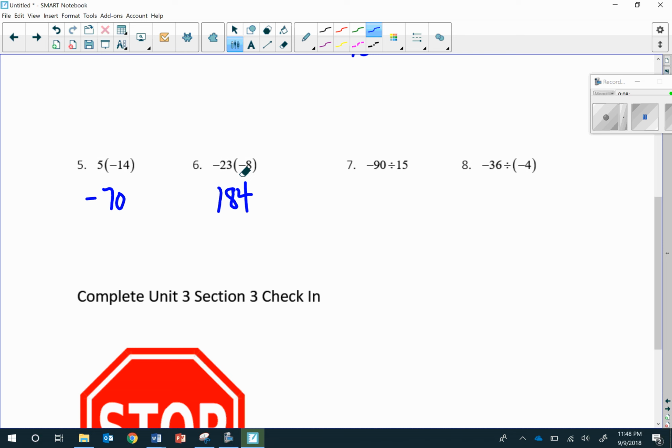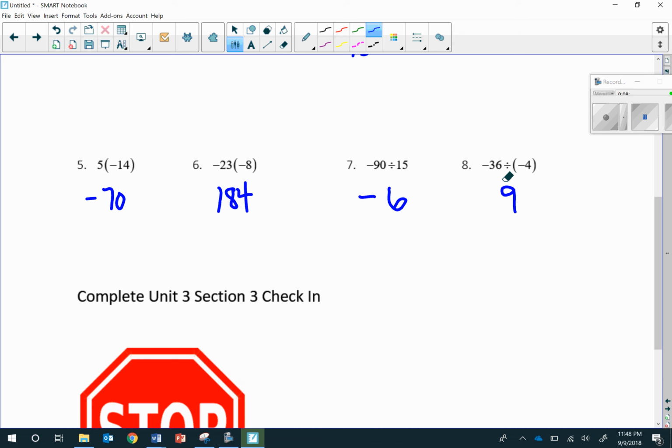Number 7, our answer is going to be negative because we have a negative divided by a positive, and when we do that, we get negative 6. And lastly, on number 8, we have a negative divided by a negative, so we know our answer is going to be positive. Negative 36 divided by negative 4 is in fact positive 9.